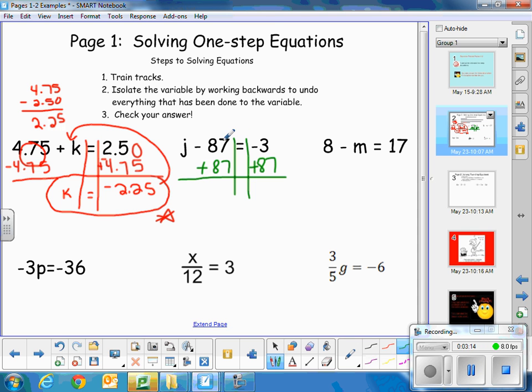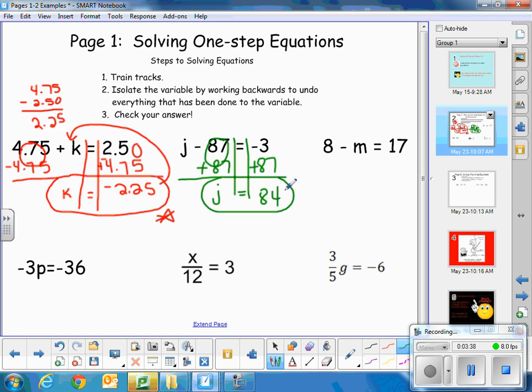Negative 87 plus 87 is 0, so that's going to be gone, and you're left with a j on the left. And on the right side, negative 3 plus 87, those are different signs, so you're going to find the difference between the two numbers and keep the sign of the number with the greater absolute value, so it's going to be positive. J equals 84.